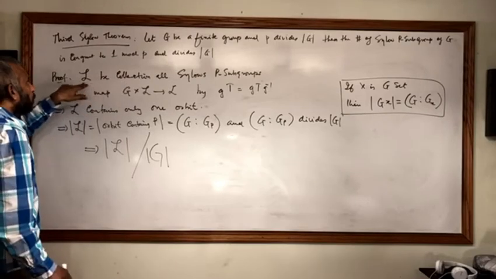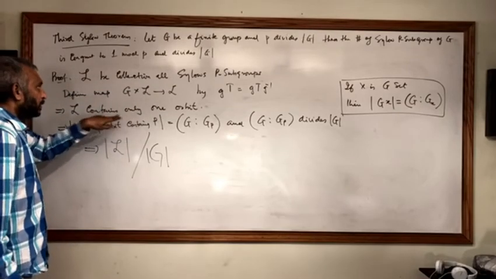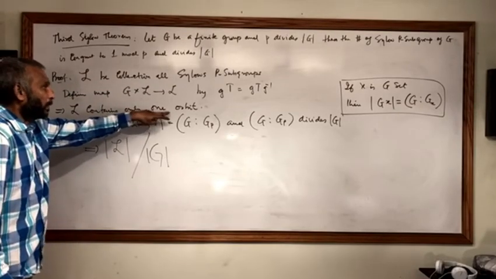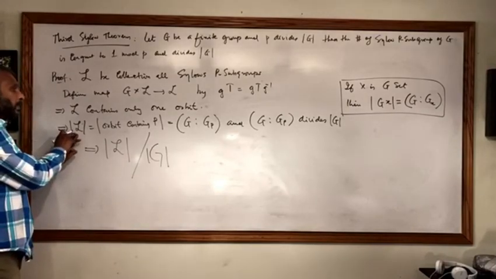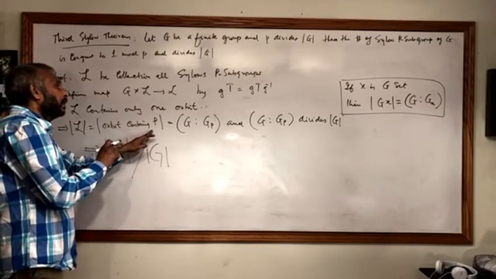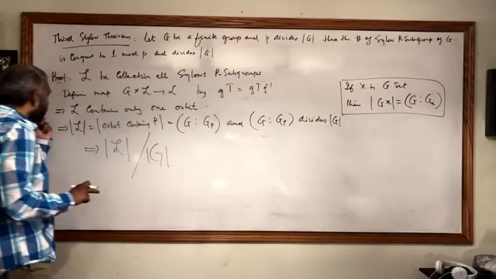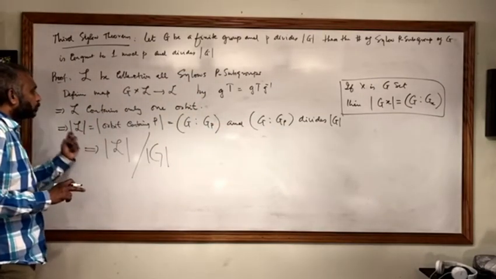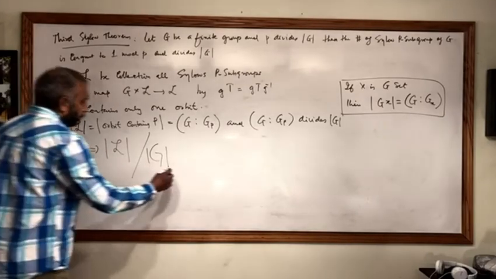So one element can be reached by the other through conjugation. So the length of the collection is equal to the length of the orbit, and that divides G. So the number of Sylow's p subgroups divides the order of G.